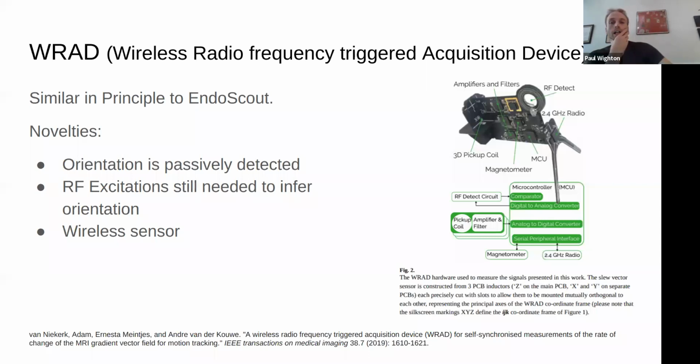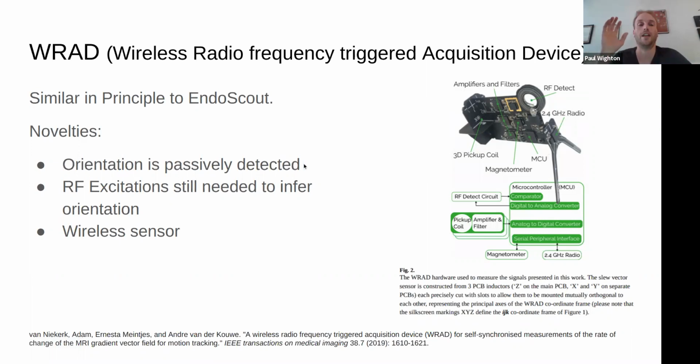Here's another example of a tracker similar to the Endoscout, developed by a colleague of ours, Adam van Niekerk, which I think exploits a really cool property that I haven't seen exploited anywhere else.